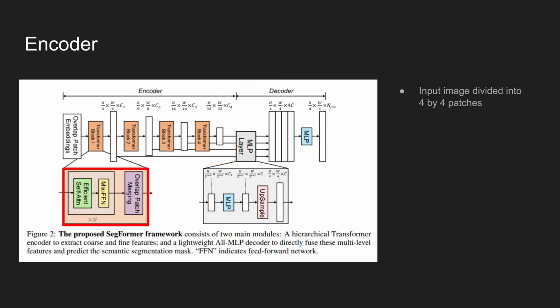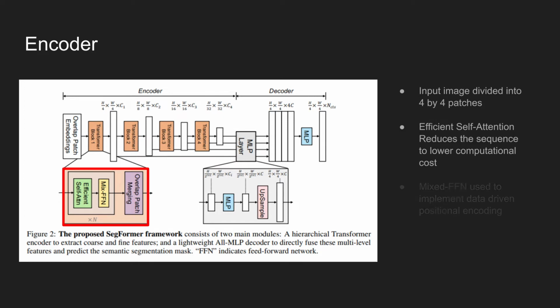And now, looking at the transformer block, we see that it's composed of 3 sub-modules: efficient self-attention, mixed FFN, which is feed-forward network, and overlapping patch merging module. The first, efficient self-attention module, works like the original multi-head self-attention in transformer, but uses a sequence reduction technique to lower the computational cost.